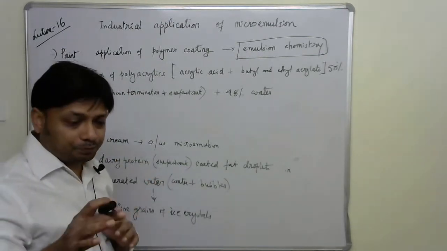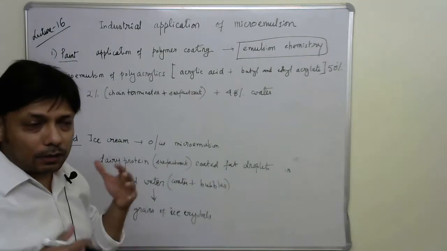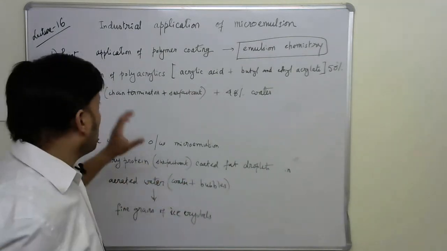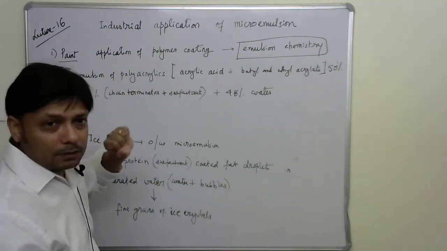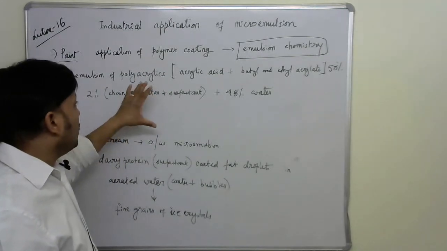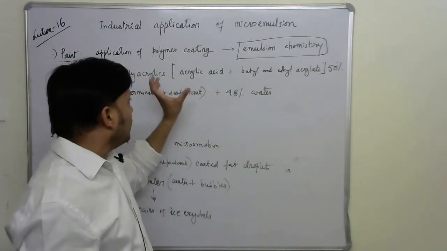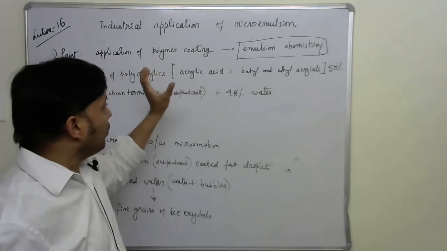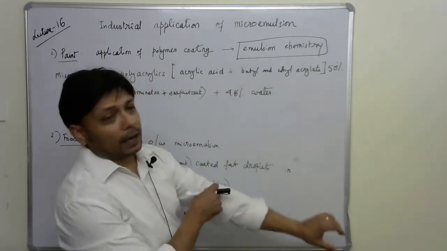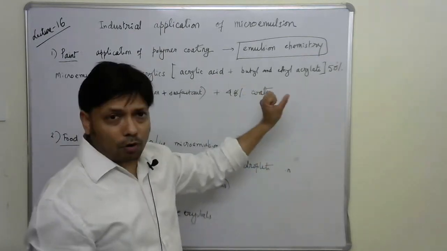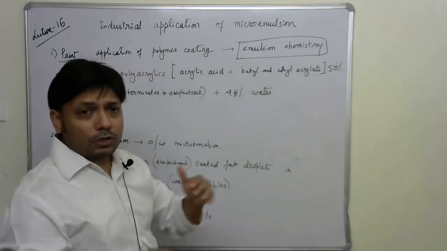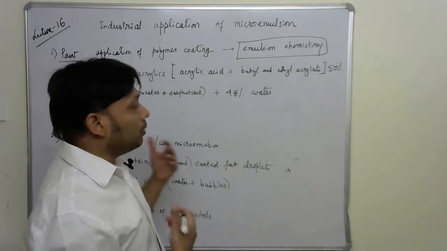So all the paints that we basically see or come across are acrylic based paints. This actually comes from acrylic acid. By mixing acrylic acid with butyl acrylate, these are taken in the monomer form. So in situ they actually polymerize.